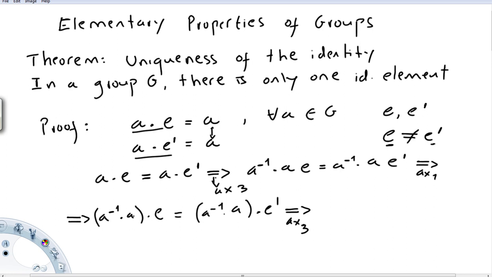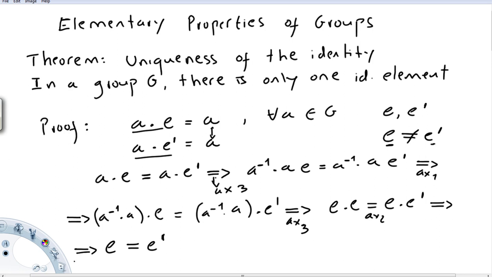So this one should equal the identity times E equals the identity times E prime. But by axiom 2, what is the identity? The identity is an element that if you perform the operation with the identity, the element will stay the same, so E stays the same and E prime stays the same.